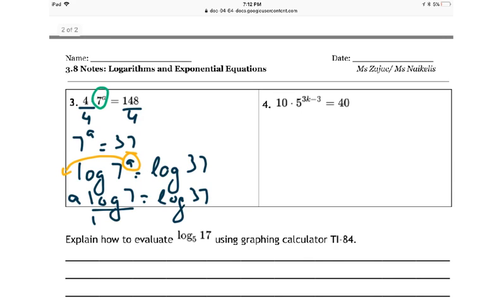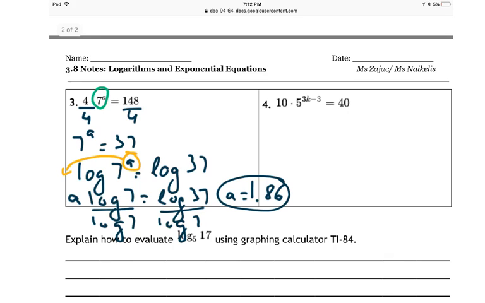Let's divide by log 7, and here you can get the answer. Use your calculators, plug in log 37 divided by log 7. You should get 1.8555, and let's round it to 1.86.